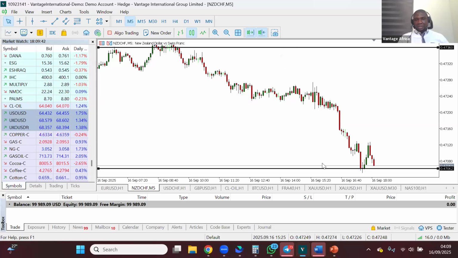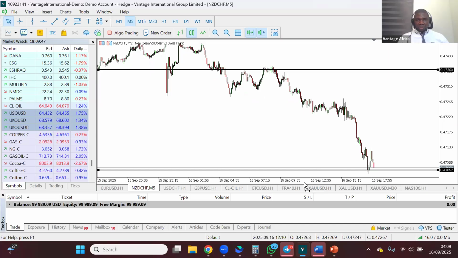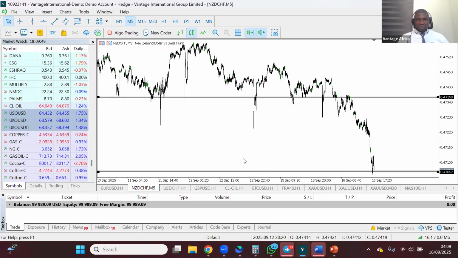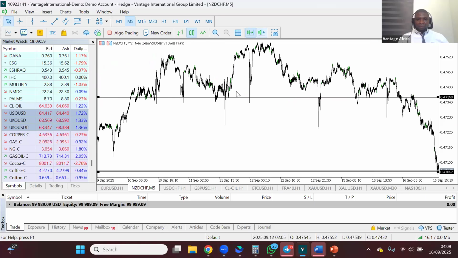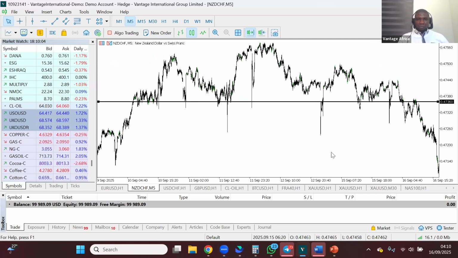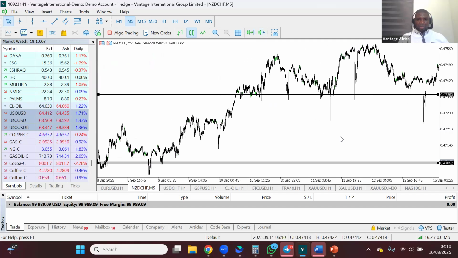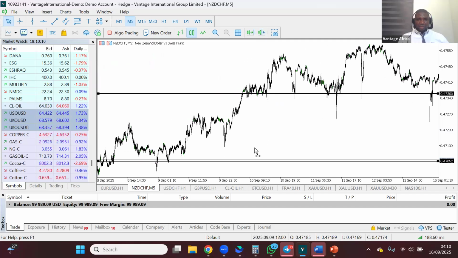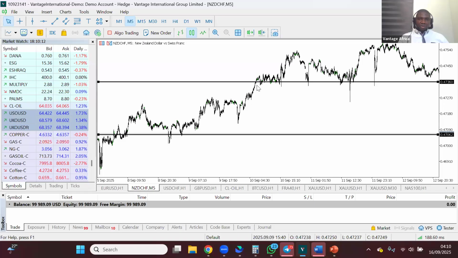Now, let's try and go back a little bit and see what's been happening for a while. So look at this. At this area here, price was making an uptrend.